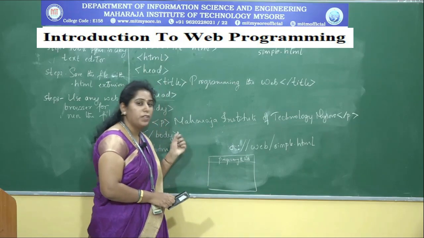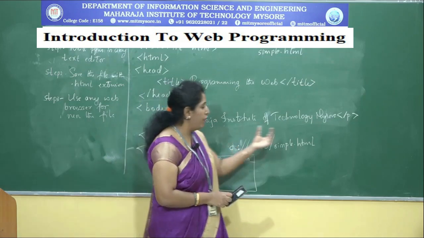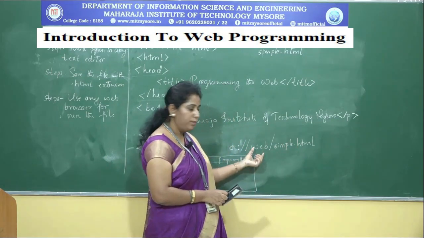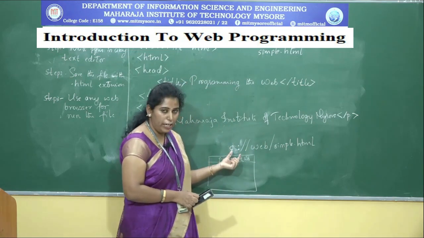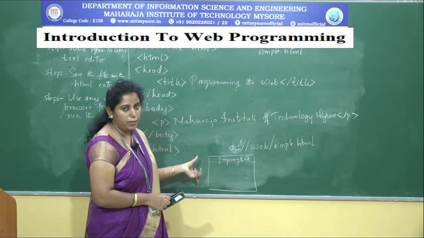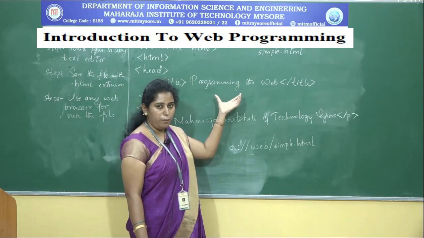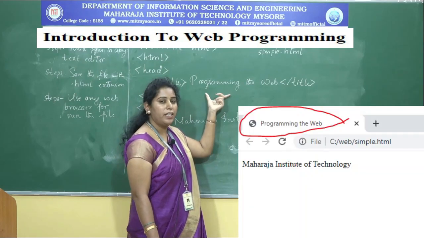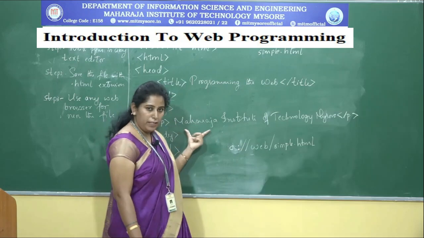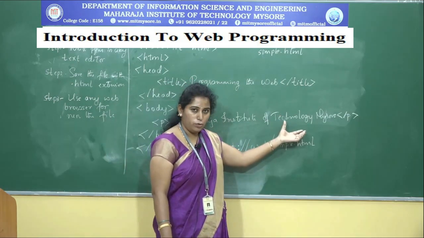In the URL part of the web browser, you can notice where you have saved your file, under which directory and which drive. That will be the URL of your program. Since we have given the title as programming the web, this will appear in the tab of your output screen, and the message to be printed is Maharaja Institute of Technology, Mysore.